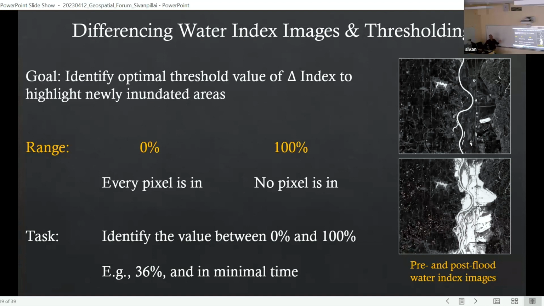We just don't randomly go. And the goal is to find a number. We are calling it the optimal threshold value that will just pull all the newly inundated areas.